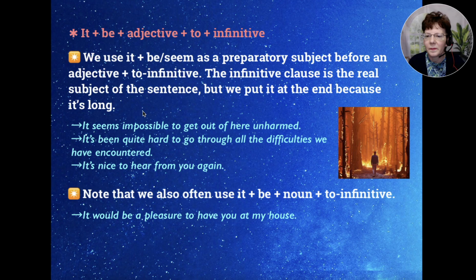So, for example, it seems impossible to get out of here unharmed. Or it's been quite hard to go through all the difficulties we have encountered. It's nice to hear from you again. So the infinitive usually comes here after the adjective.